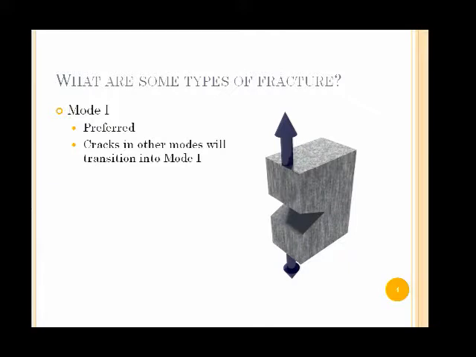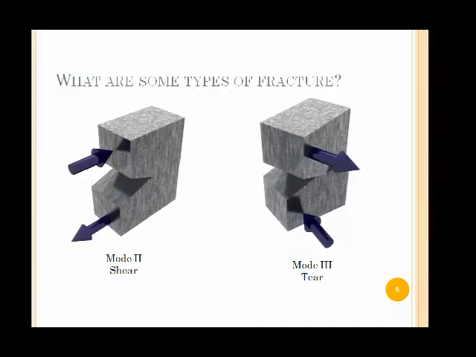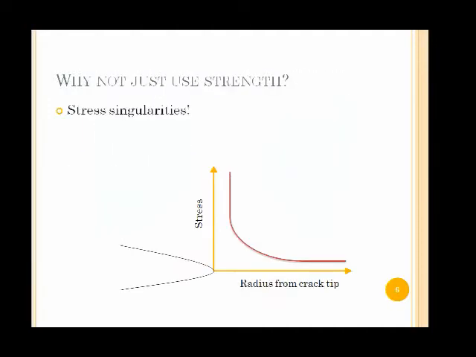So cracks that start in other modes will actually transition to mode 1 given enough time and fracture length. And then we have mode 2 and mode 3, which is just shearing and tearing. These are not really common in pavements, which is what we were looking at, so we concentrated just on doing a simple mode 1 test.